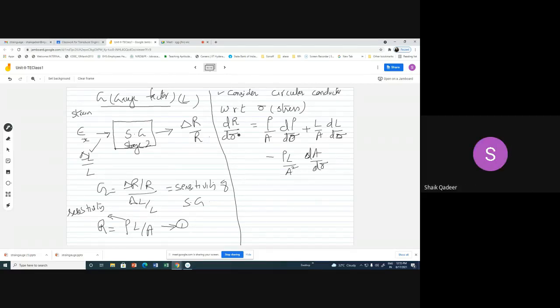Okay, I am taking one assumption. I am calling this delta R, this delta rho, this delta L, and this delta A, and rewriting this.